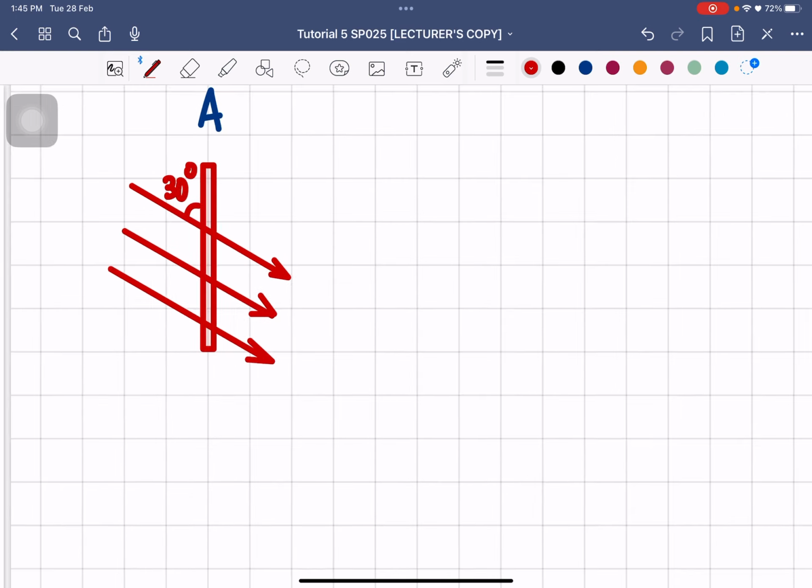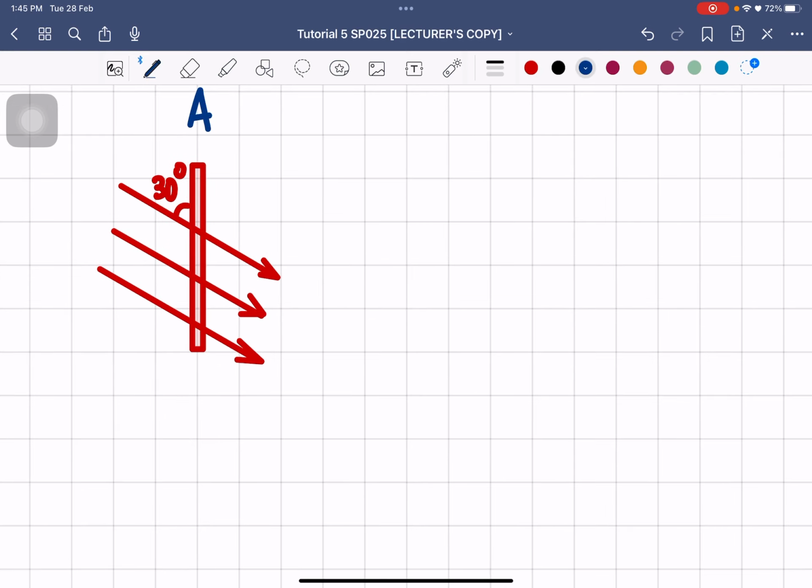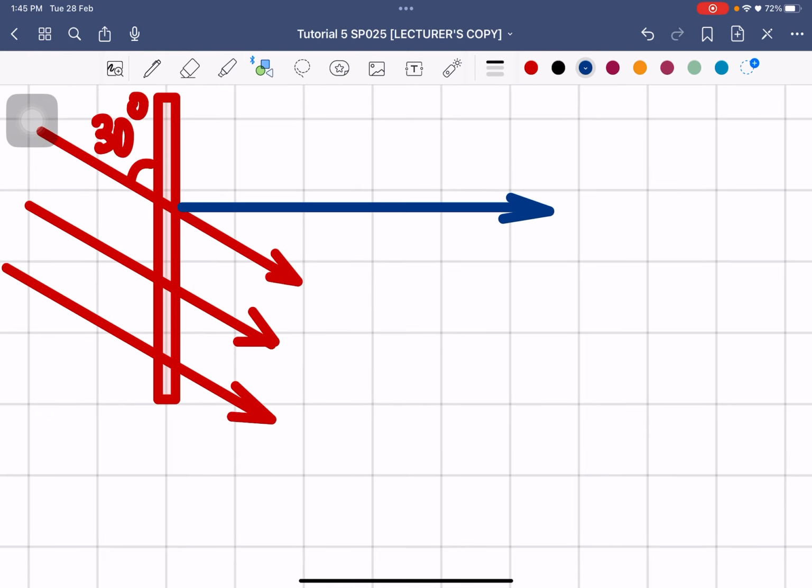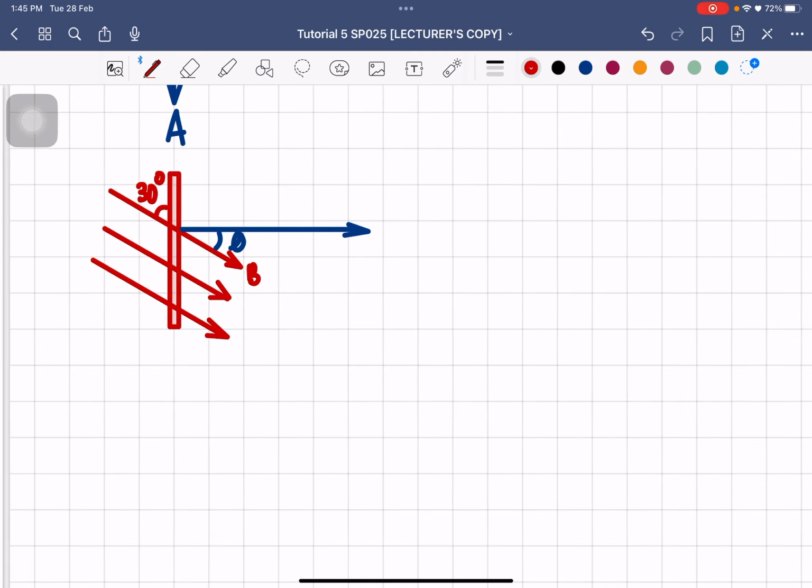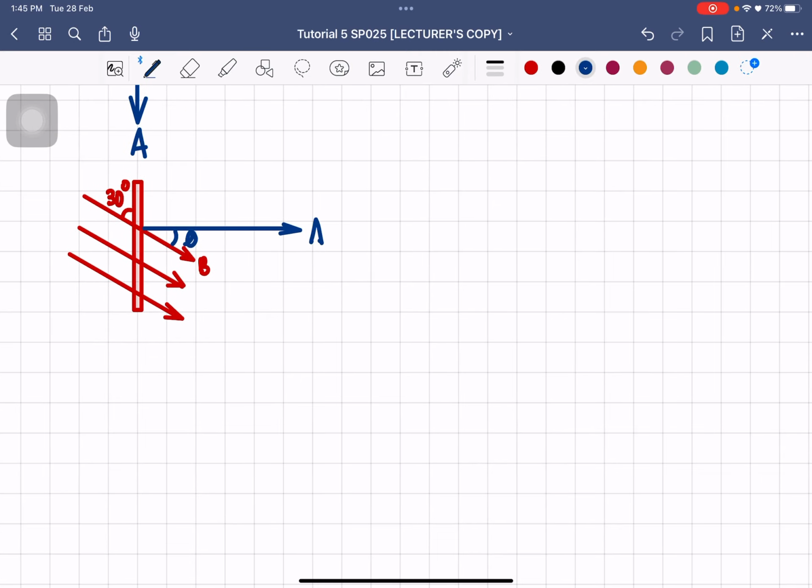Okay, so now we know that vector A is perpendicular to the surface, or normal to the surface. So the angle that we want is actually the angle here. So this is our theta. Alright, this is B. Okay, so this is vector A. So how do we calculate that?